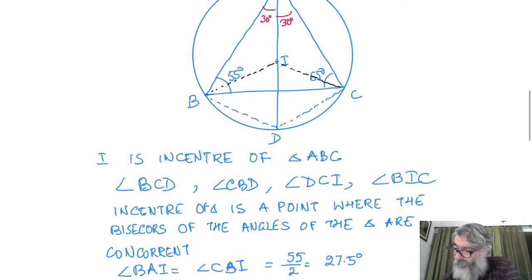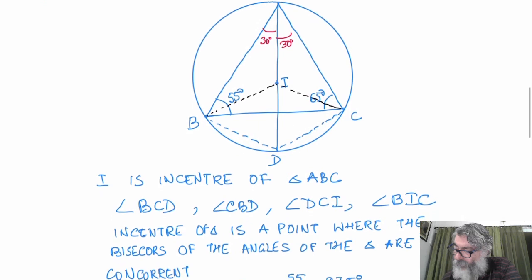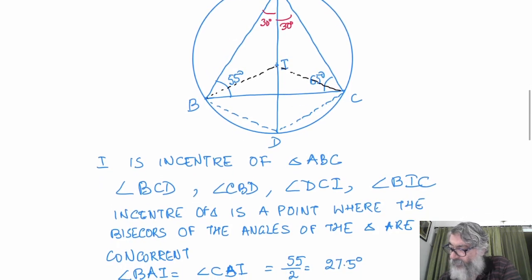Okay, ABI is equal to, I'm writing wrong.